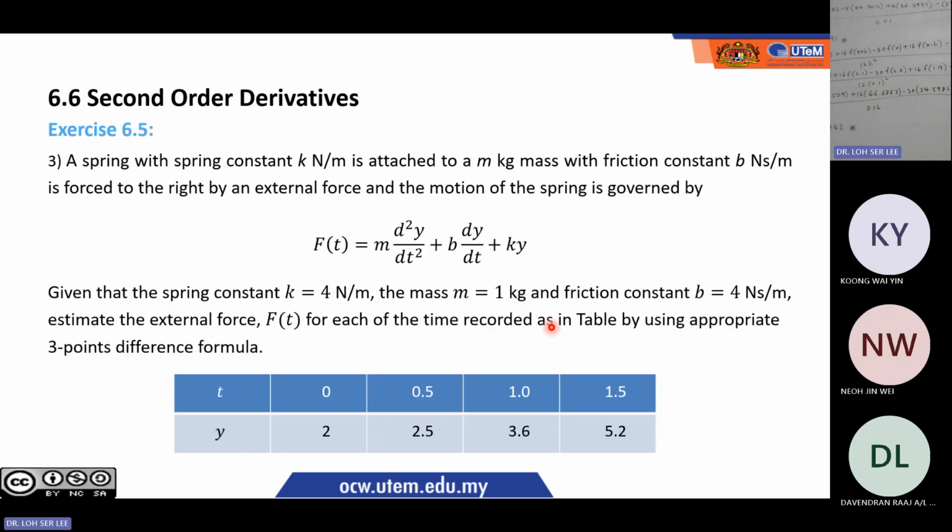We want to estimate the external force, and this external force is given by this. So do you have any idea how to solve this?